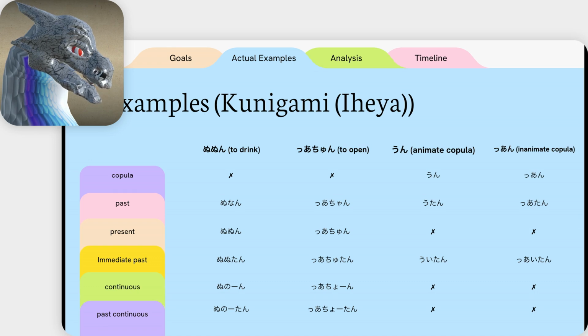Nunan. Okay, if you said drink, you are correct, because that is basically to drink in the past tense. It's in the past technically, so it just means drank. Congrats. Okay, next one.